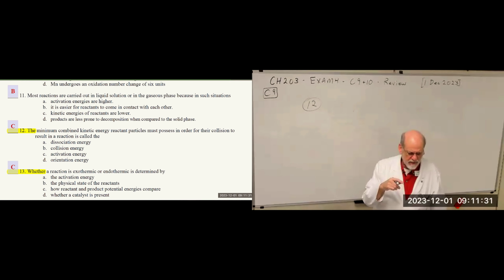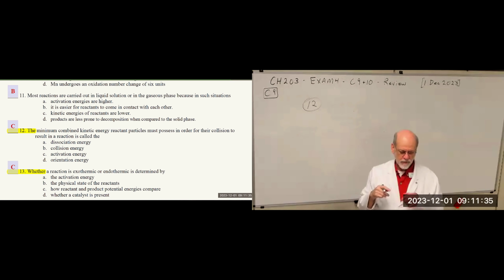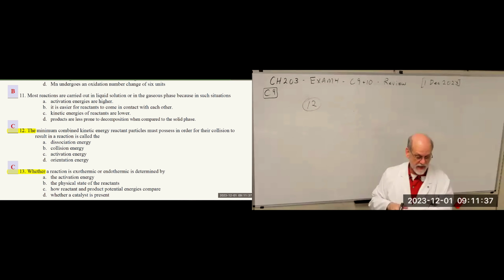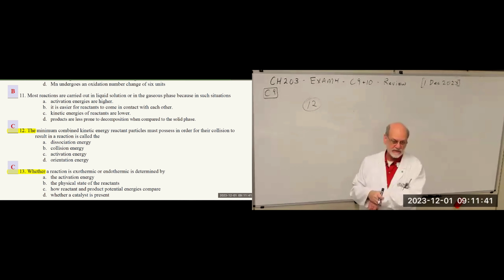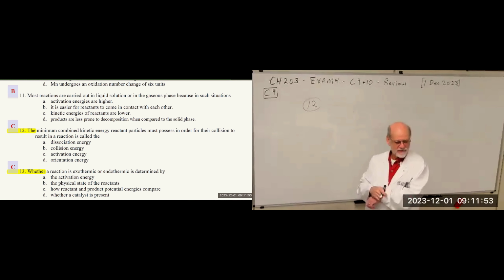The minimum combined kinetic energy reactant particles must possess in order for their collisions to result in a reaction is called what? This is just definition. I mean, you got choices there. Which one looks the best? Not even a wild guess.